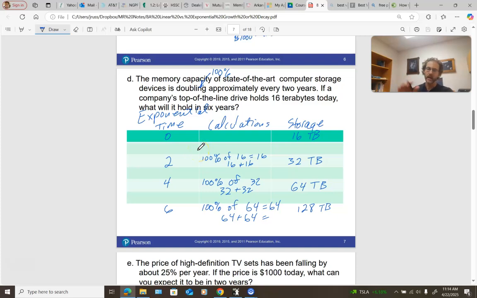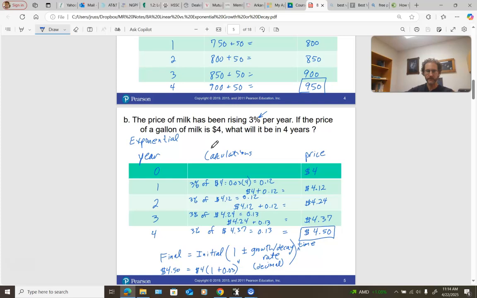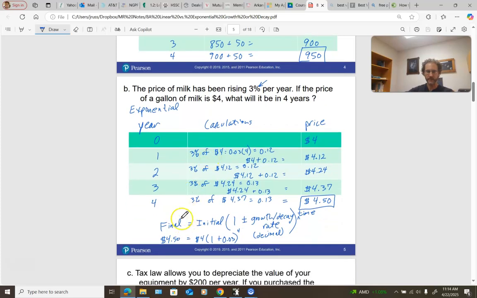Okay. Now, if you're using the formula from above, let's see if we can find it here. Here it is. See, it's the initial times in parentheses. Remember, this is similar to the formulas we used for compound interest. 1 plus the growth rate.